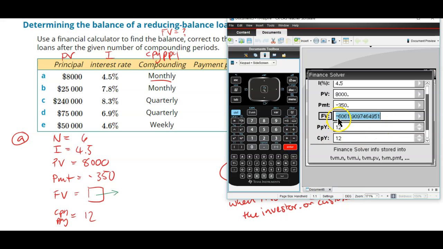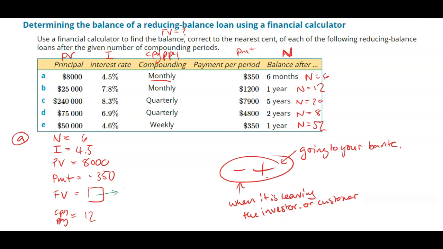Now that means, because it's negative, that it's still owing. I'm just going to add that to your notes here: 6061.91 to 2 decimal places. Negative can mean still owing if it is FV.